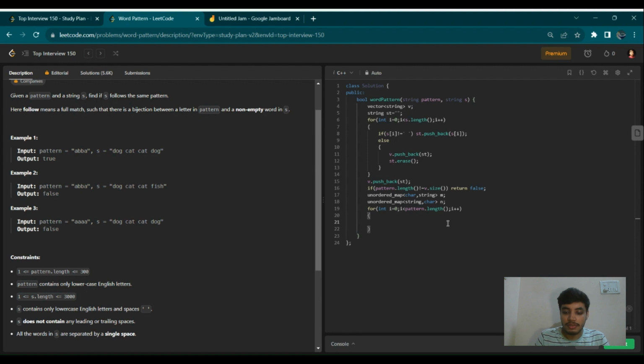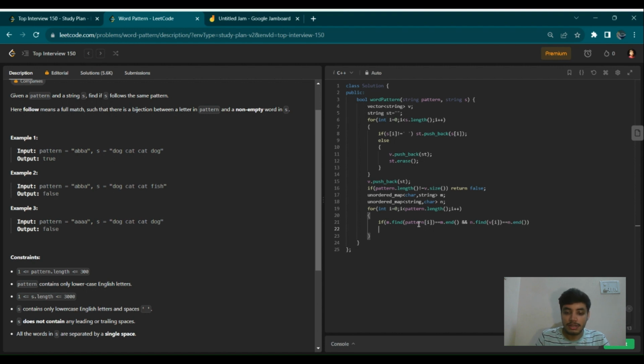Now we are going to check whether we are able to find the values or not. If we are not able to find, we will insert. So we do m.find(pattern[i]) equals m.end(), which is an indication that we are not able to find, and again for the words, n.find(v[i]) equals n.end().